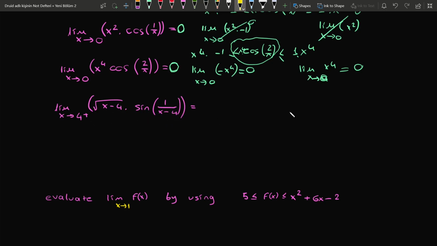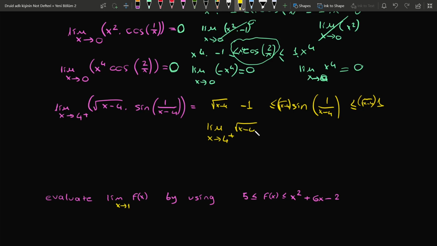Therefore, I'm going to start with my sin 1 over x minus 4 again. This is clearly between 1 and negative 1. Now I multiply every side with root x minus 4, and here as well. And now I check the limits to see if I manage to squeeze it.